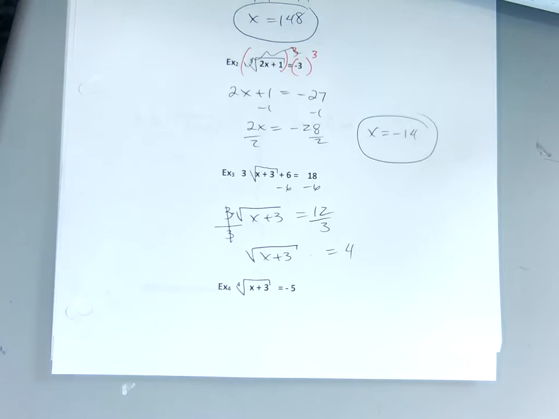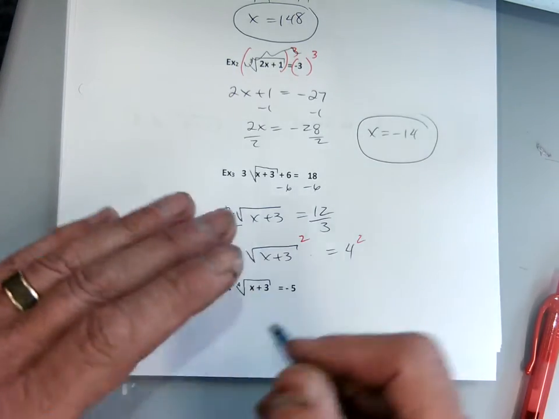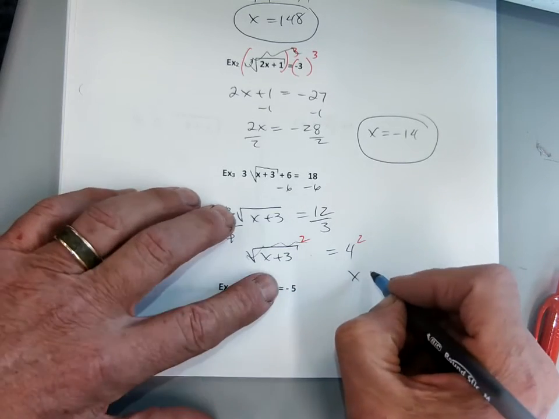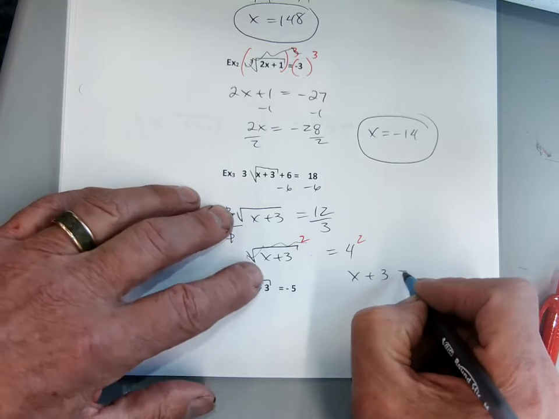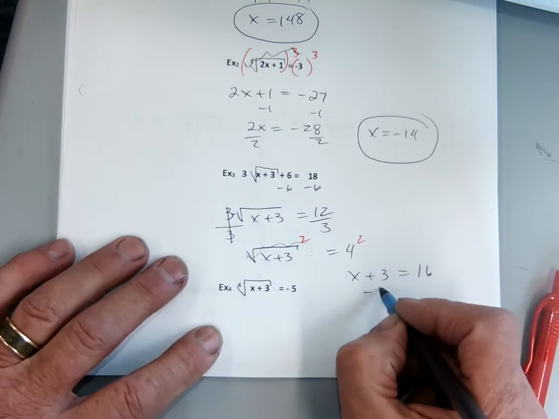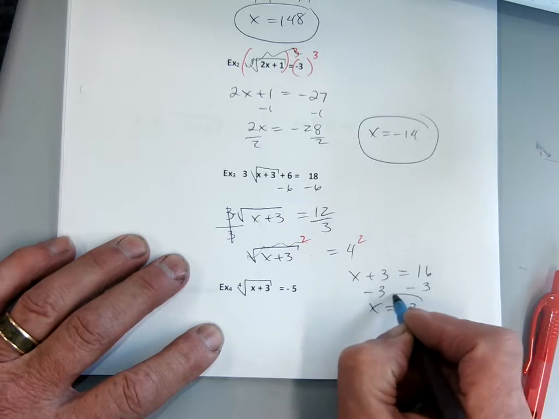Yeah, we square it. The square cancels out the square root. I have x plus 3 equals 16, right? Minus 3, x equals 13. How am I doing?